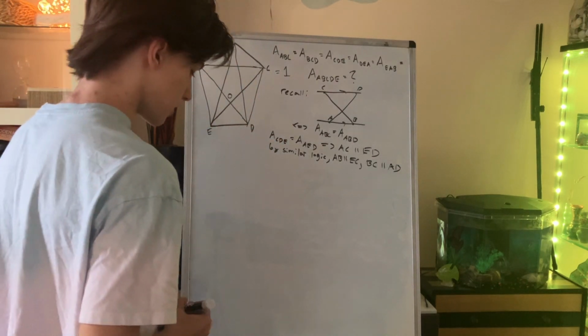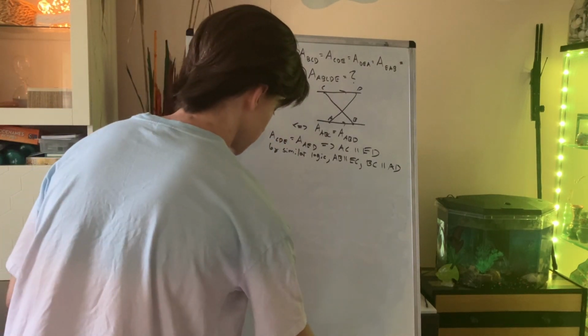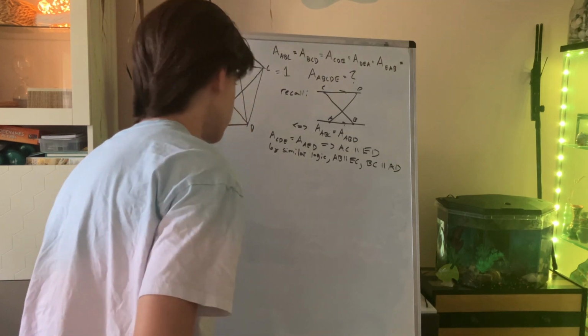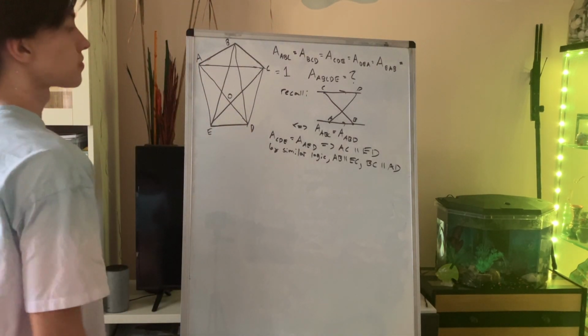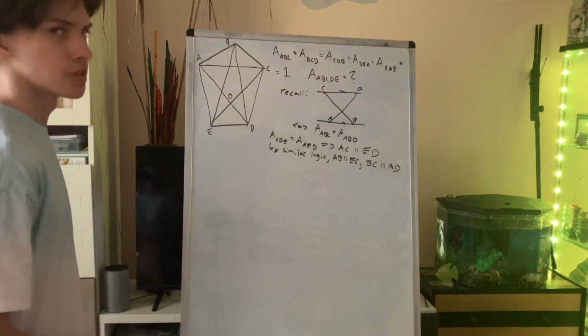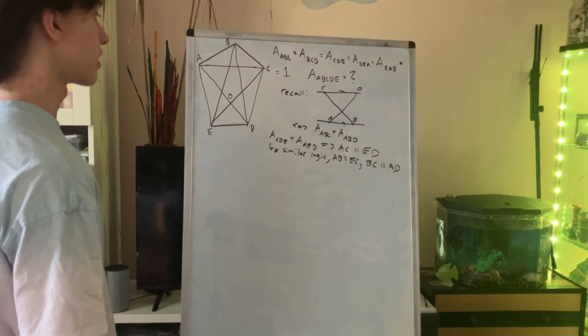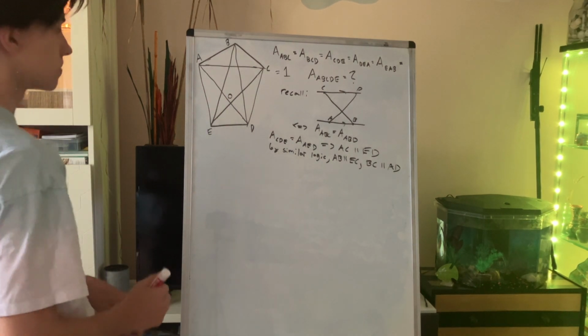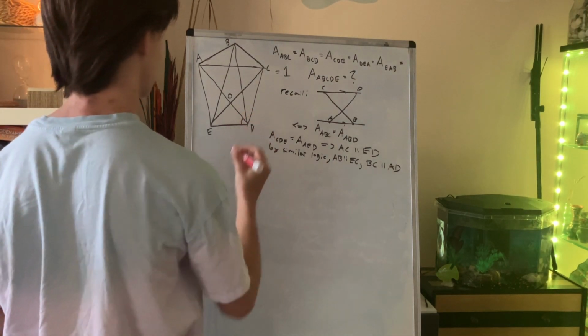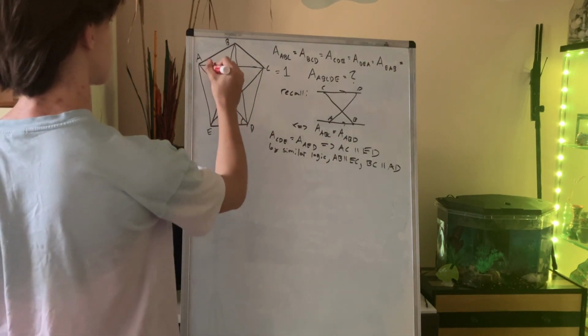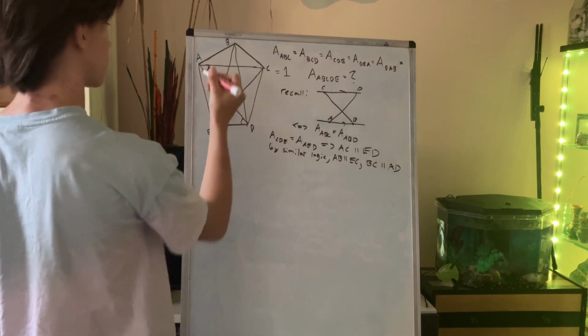Okay, now it must make sense that we can easily spot some angles in here. So I'm going to take out a different colored marker and show you. Because there are parallel lines, we know that alternate interior angles must be congruent. So we have that angle ADE is congruent to angle DAC right here.